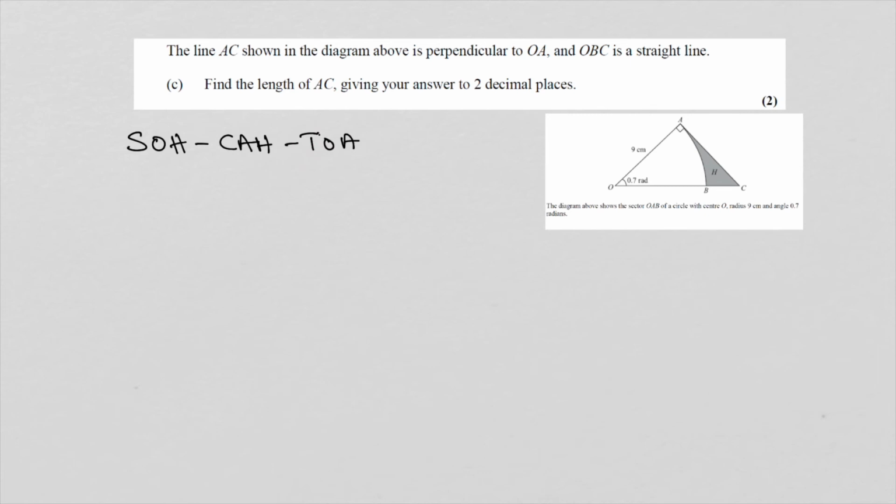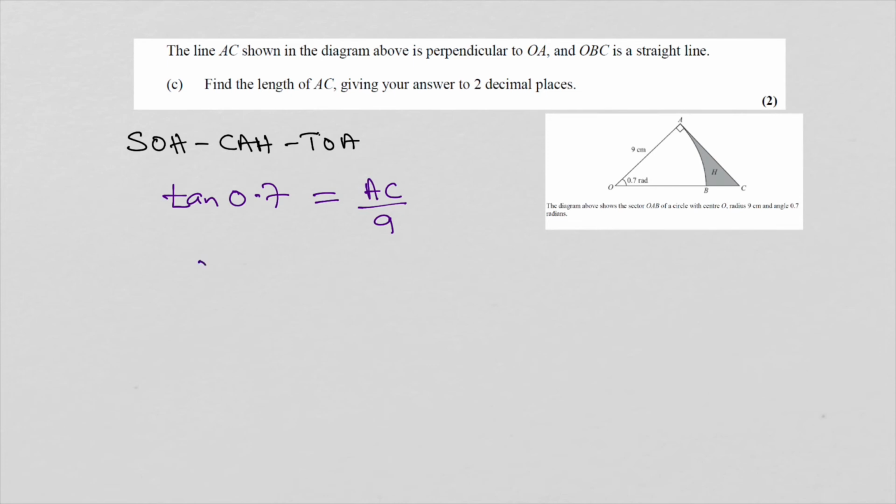So therefore, we'll be saying tangent of 0.7 radians should be equal to the opposite, which is AC, over 9, the adjacent. Multiply both sides by 9.